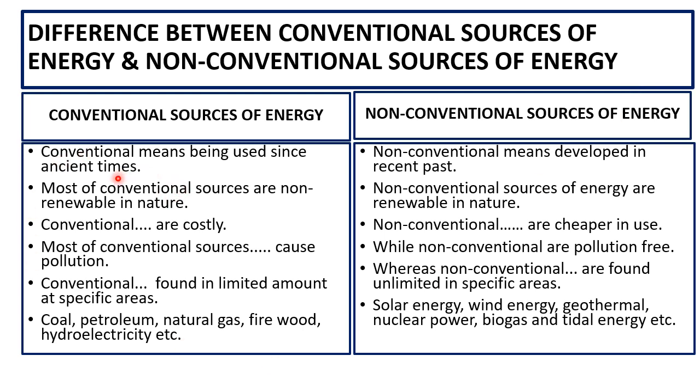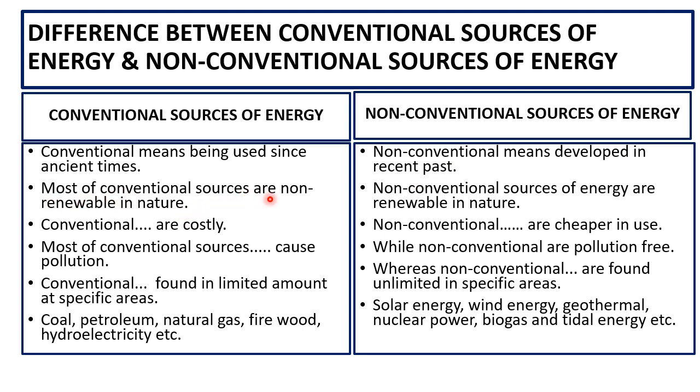Conventional means the sources which have been used since ancient times or for a very long period of time. Those sources of energy are called conventional sources of energy, while non-conventional sources of energy are those which developed in the recent past.